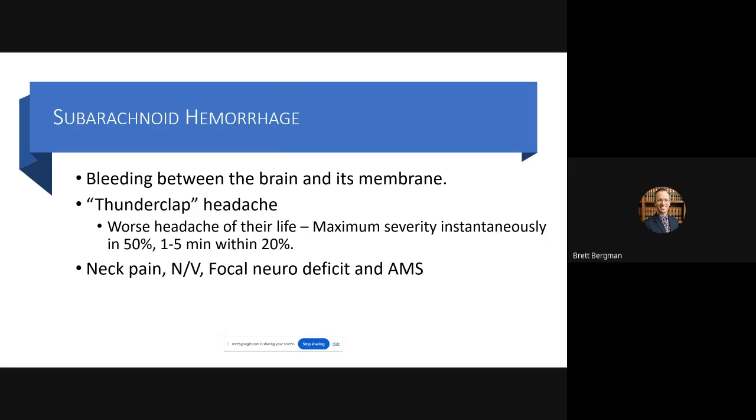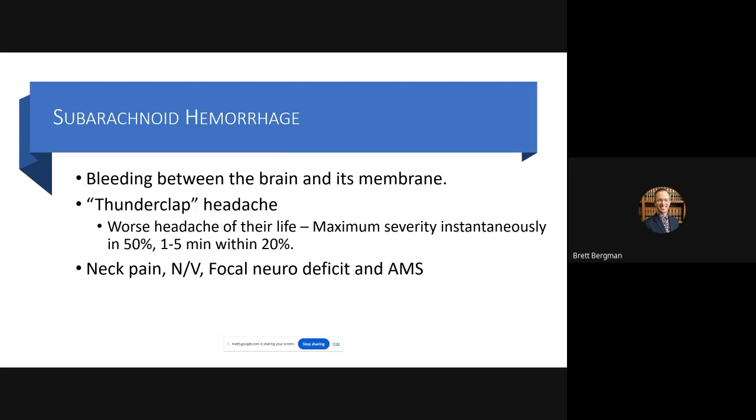For 50% of patients, the maximum severity, so that worst headache of their life, is instantaneous. So they go from 0 to 6,000 instantaneously. And then 20% of patients will have it in 1 to 5 minutes, where they develop that worst headache of their life. This is caused by bleeding between the brain and its membrane.